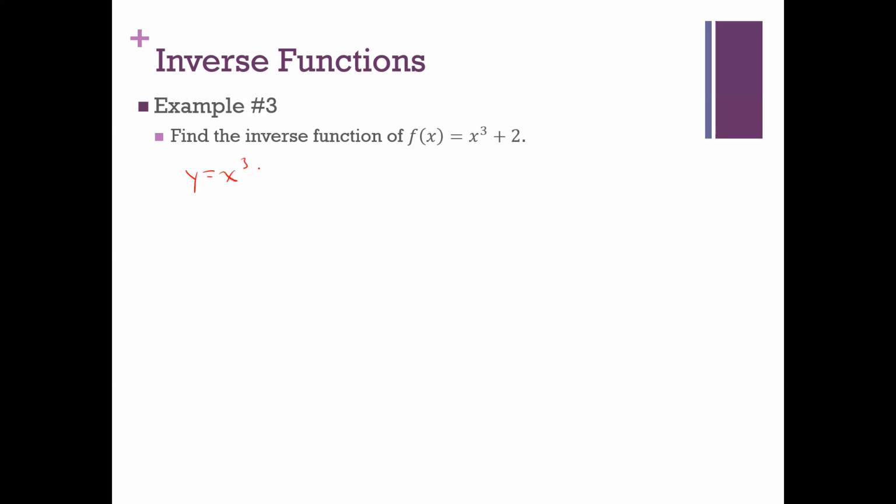Yep. I remember the way I was taught this was just trade x for y without any real explanation as to why you do that. But hopefully by talking about the domain and the range being exchanged, that makes sense why I am going to transpose x and y now. All right. And my goal here is to do what? Isolate y. So x minus 2 equals y cubed, and then y equals the cube root of x minus 2.